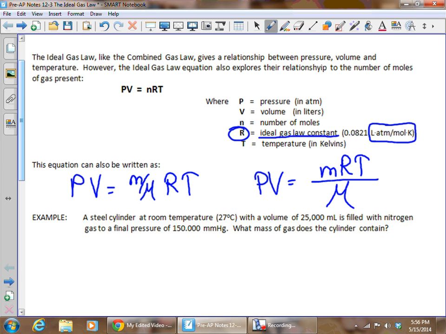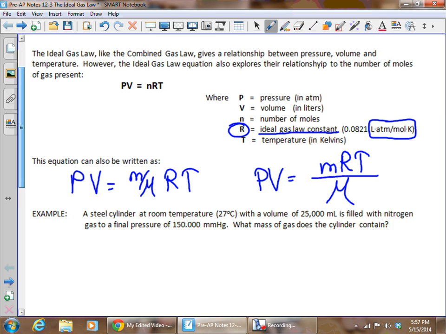So molar mass is on the bottom, M, R, and T are on the top. And so the mass over molar mass is a substitution for the number of moles. Just depends on whether the problem deals with moles or whether it asks you about grams or mass.